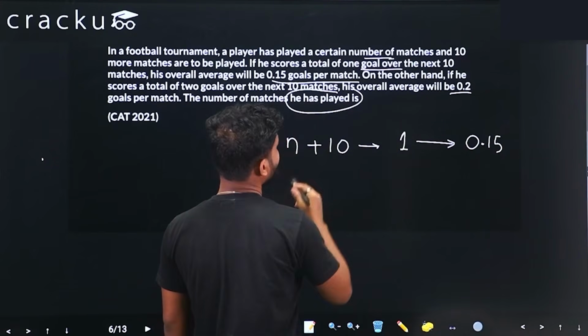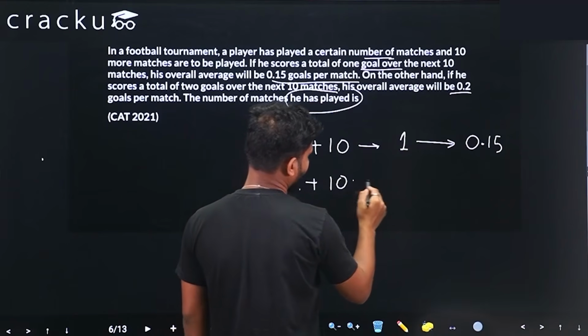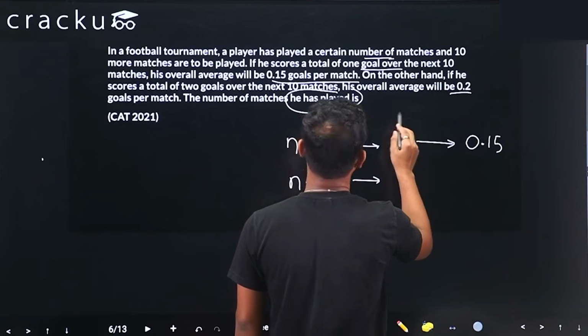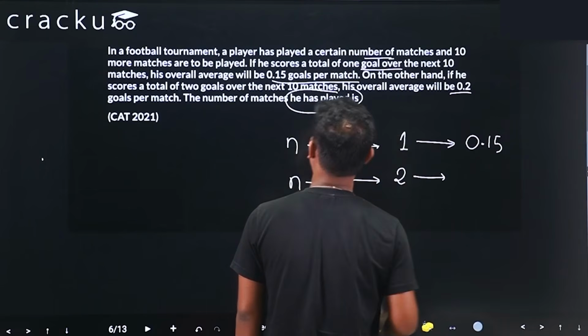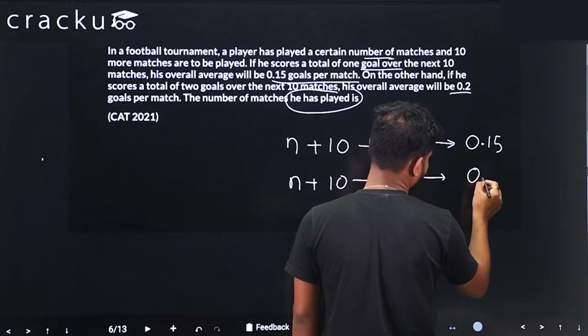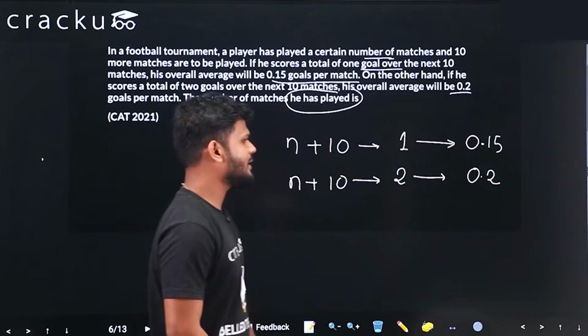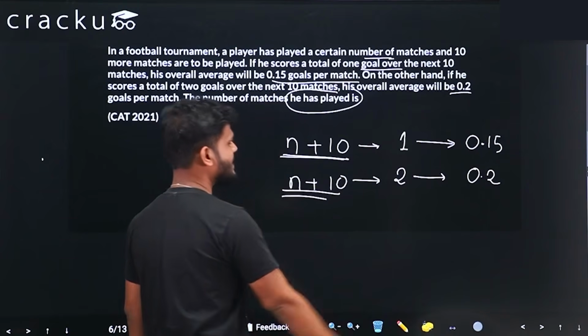In the second case, in the next 10 matches, again n plus 10, if he scores 2 goals over the next matches, the average will become 0.2. So if you see, in both scenarios the number is the same, n plus 10, n plus 10.